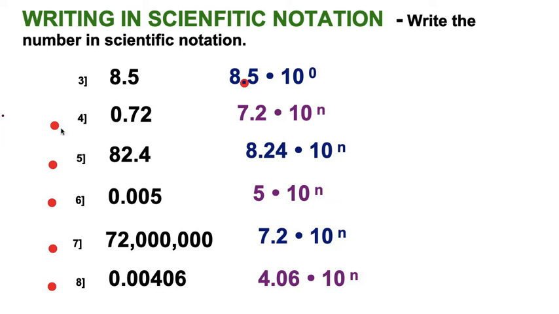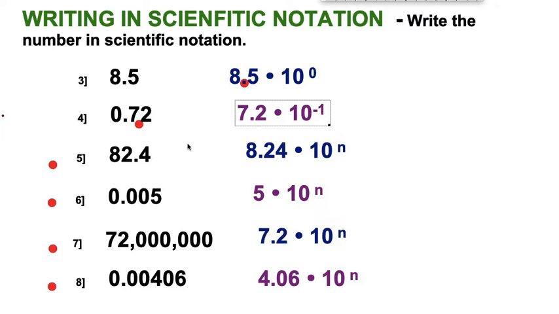Okay, how about this one? 0.72. Now, I'm moving this one to the right. So I am going to say times 10 to the negative 1 power. Oops, wrong character. Bad teacher.